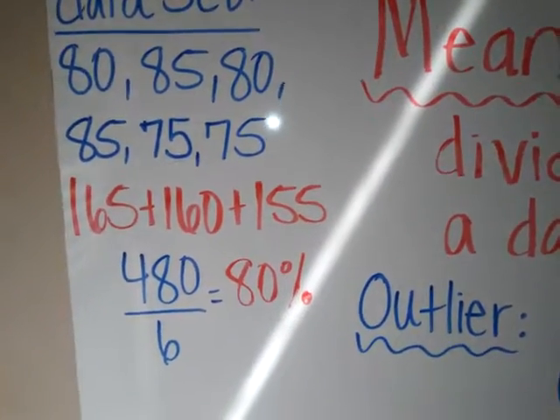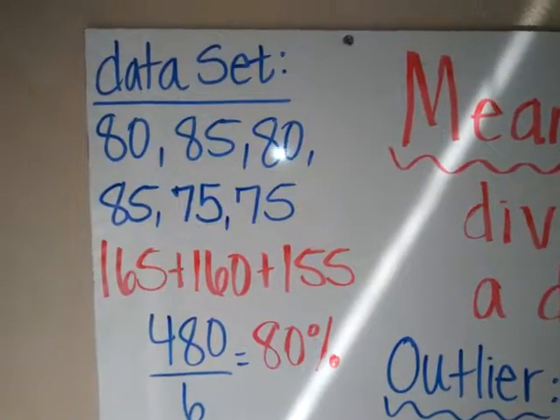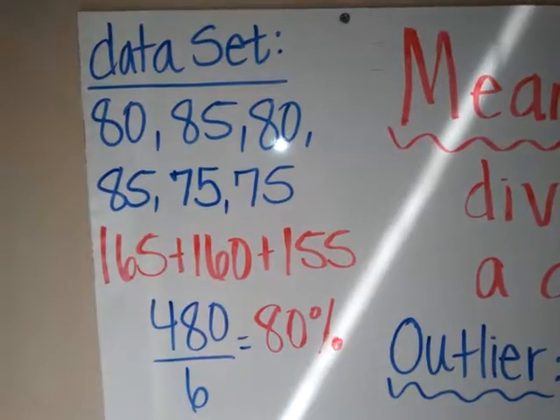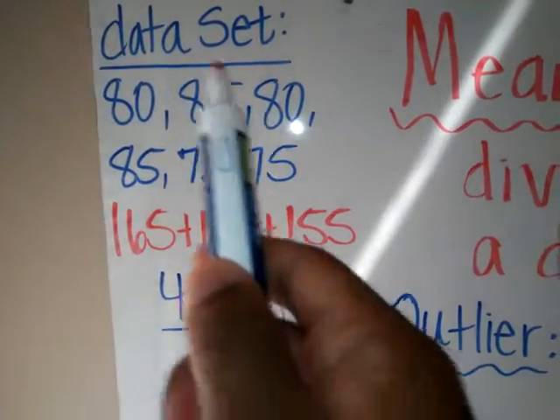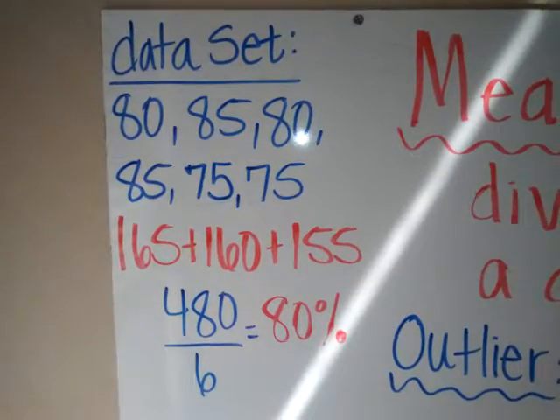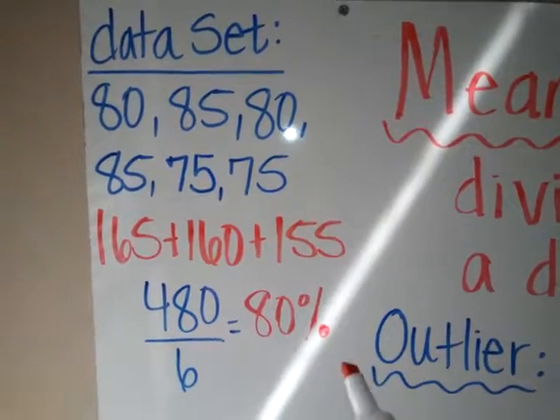All right, let's say you took that same test now and you scored a 40% as opposed to 100%. That 40% is a greater difference from your mean, which is 80%.